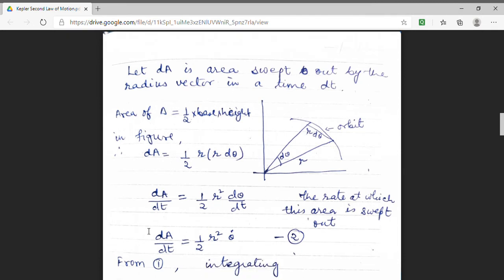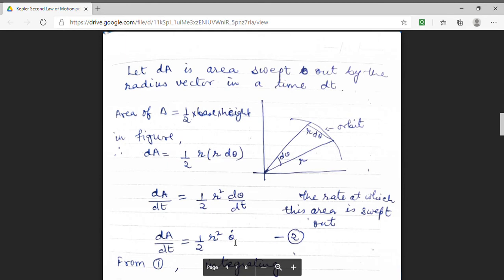Dividing both sides by dt, I get dA by dt equal to half r square d theta upon dt. dA upon dt means the rate at which the area is swept out. So dA by dt will be equal to half r square theta dot.